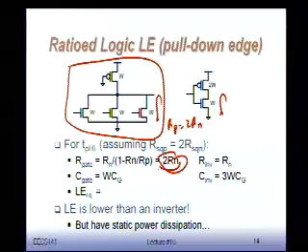So my driving resistance for the pull-down network is 2 times as bad as what I would get for the inverter. But at the same time, my capacitance is 3 times smaller. So what I get as the logical effort for the high to low is the same thing as before. We have an input capacitor, which is W, but we have to double it because the driving resistance is doubled.